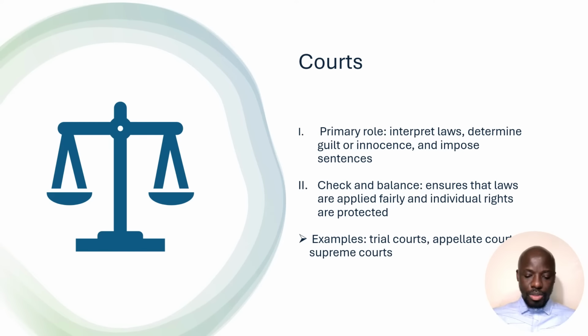Two, the court. The court's primary role is to interpret the law, determine guilt or innocence, and impose sentences. The check and balance is to ensure that laws are applied fairly and individual rights are protected. Examples: the trial court, appellate court, and the Supreme Court.